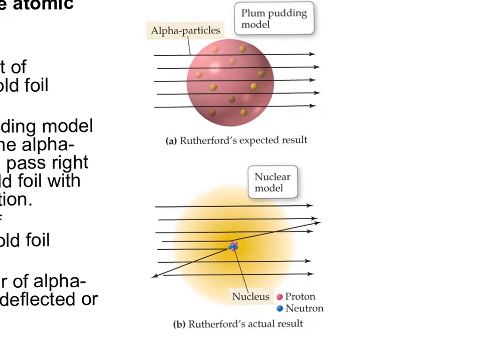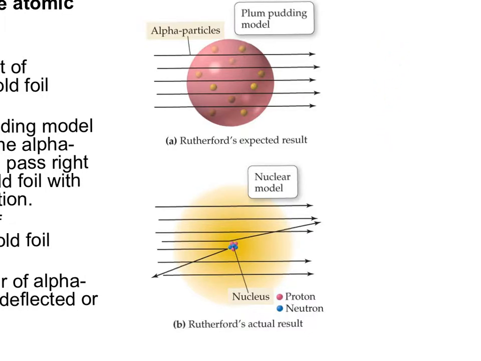So this is the idea with, let's say, yeah, it's a good one. So if those alpha particles, if it's a plum pudding, when you shoot it, the electrons are believed to be really, really tiny. And so the odds of the alpha particle actually hitting an electron and being deflected are negligible. So therefore, the alpha particle should just go right on through and hit that film that was up there.